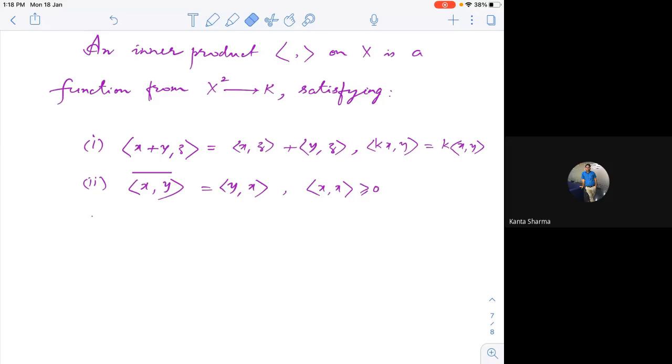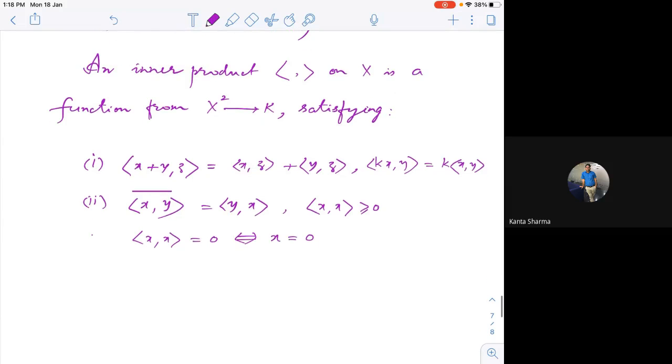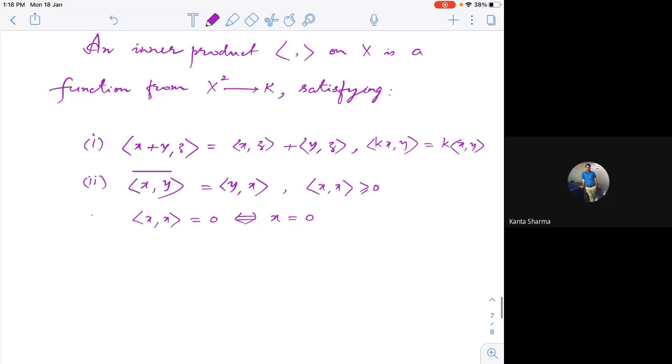And not only this is non-negative, this x comma x is 0 only when x is 0 vector. Whenever there is something like this, this is called an inner product on X.